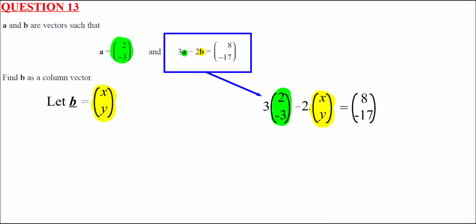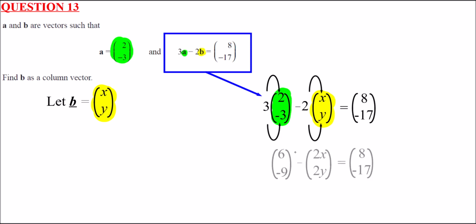So 3 times 2 is 6, 3 times minus 3 gives minus 9, and we keep the minus on the outside and double the x and double the y to arrive at this. So (6, -9) minus (2x, 2y) equals (8, -17).